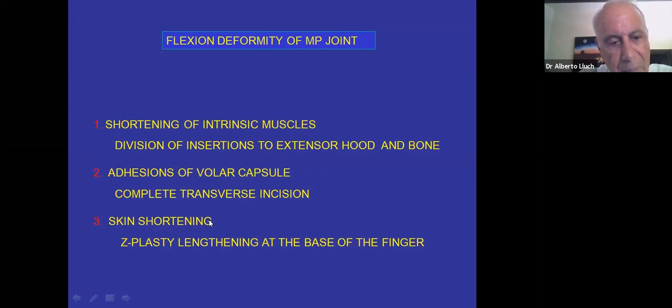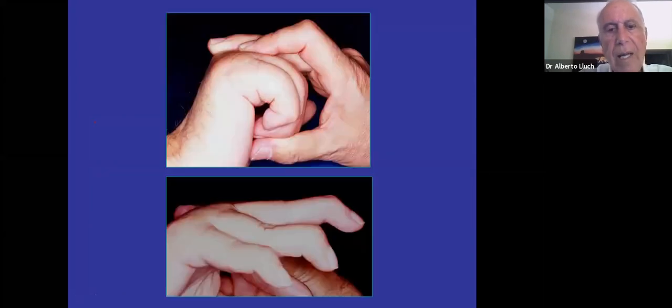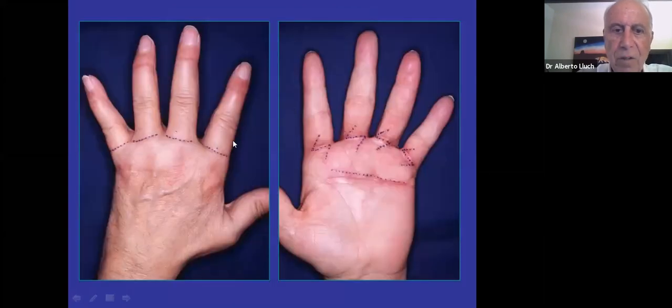But another problem is the skin shortening. The skin remodels in a shortened position, and you should always do a lengthening of the skin at the base of the finger. Here is a patient after manipulation of swan neck deformity, in flexion, and here the surgical result after doing an intrinsic muscle release and a volar plate release right here.